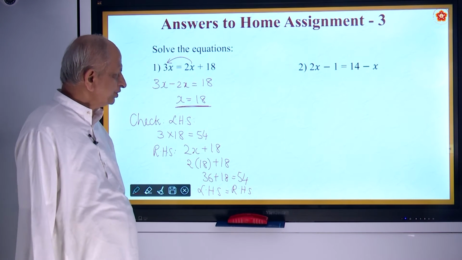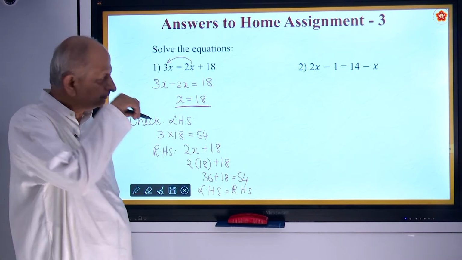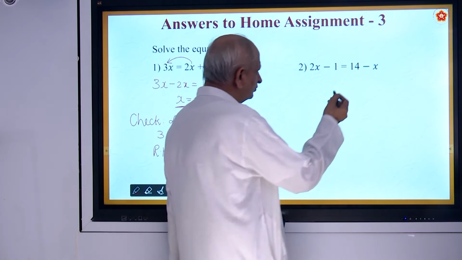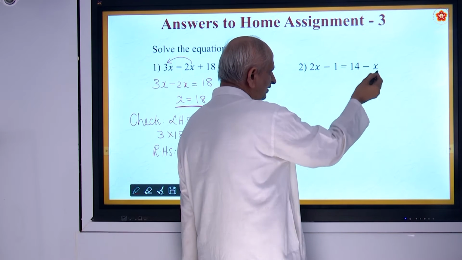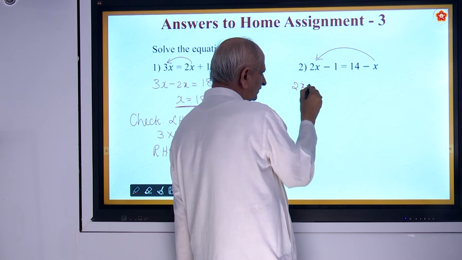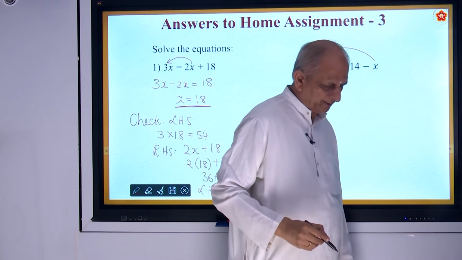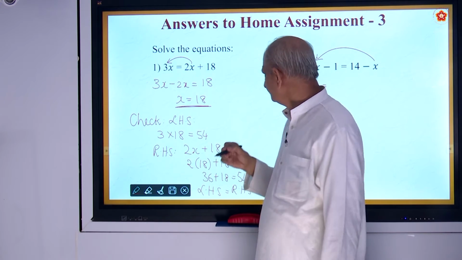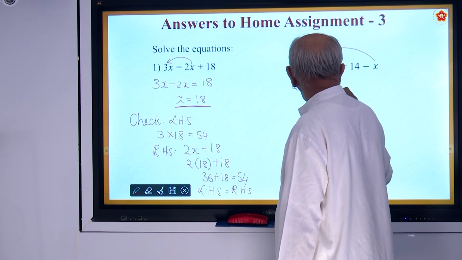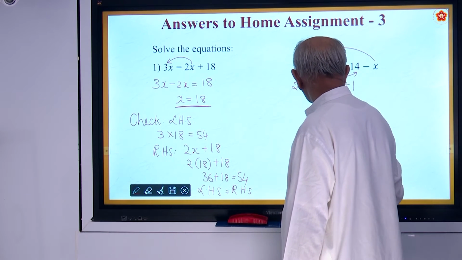Now coming to the second question. Note down all this. Now see, x is on either side, na? So we have to bring it to this side. So you get 2x plus x is equal to, come on, what do you write? 14 is there, minus 1 brought to this side, plus 1.